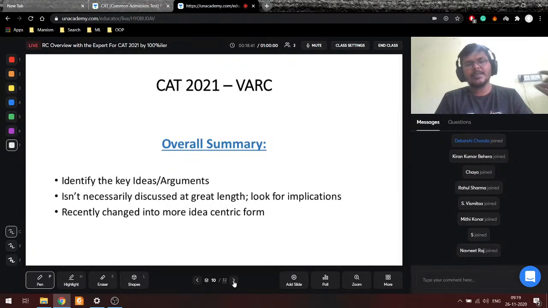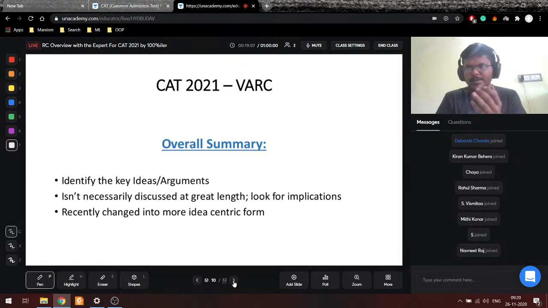In that case, the argument the last paragraph is making would be the main idea of the passage, even though the previous ideas have been discussed at great length. That is the example to the main idea, not the main idea itself. So the ideas do not depend on the length at which they are discussed in the passage. Keep that in mind when you are looking for them.